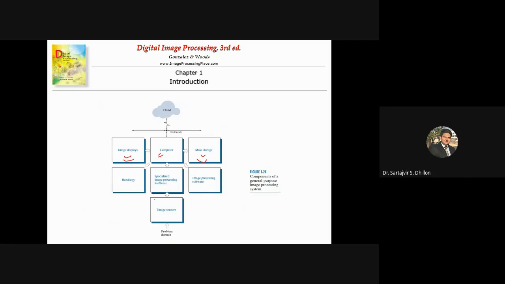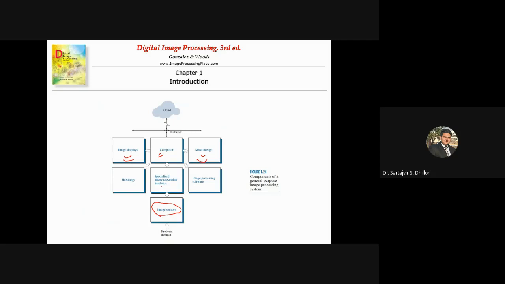And how can we acquire the image? We need an image sensor, and that particular image sensor depends on your application. It can be a gamma detector, an X-ray detector, an RGB sensor, an infrared sensor, and so on. Once the sensor acquires the image, it is processed through hardware.